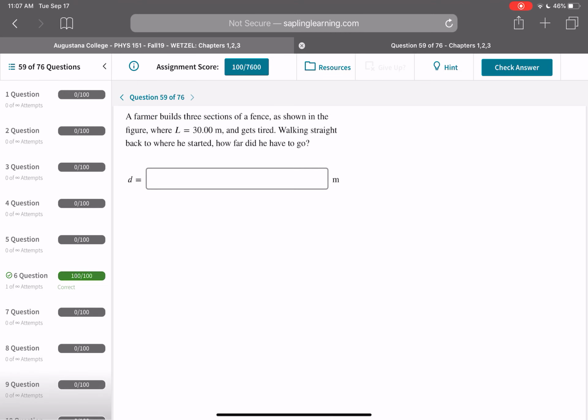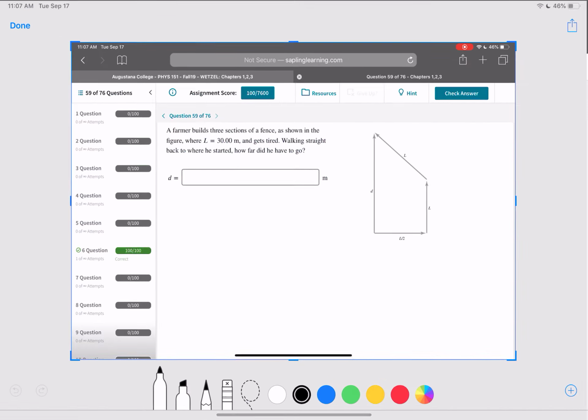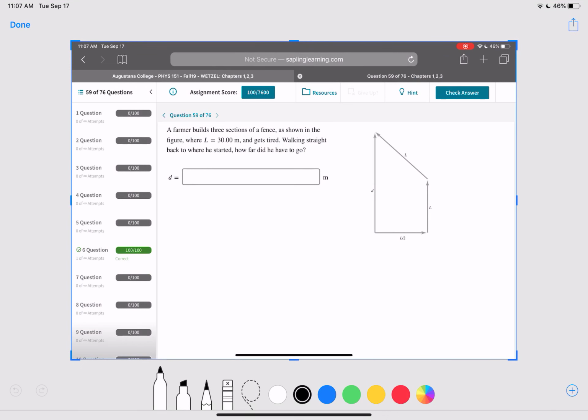Okay, next one. Farmer builds 3 sections of a fence shown in the figure. Gets tired, walking straight back to how far did he go? So he goes 30, and then 30, and then 15, because it's L over 2. Okay, and then he's going to go back home. How far did he go? Well, he's got to travel 30, and then he's got to travel whatever this extra distance is.